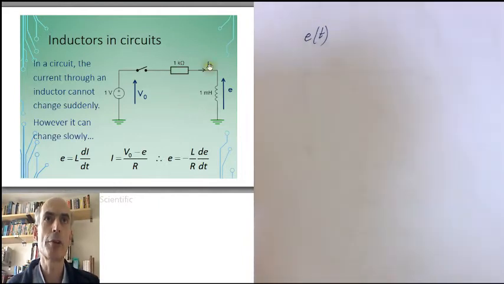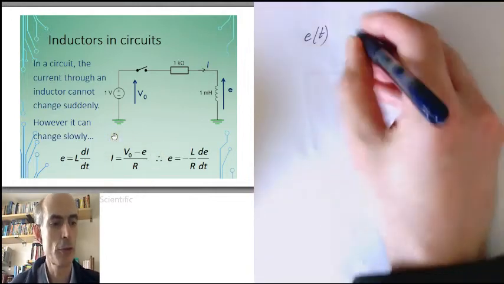We have a resistor here. Now the voltage across the resistor is going to be V0 minus E. V0 on this side, E on this side. Therefore, the current flowing through the resistor, given by Ohm's law, is given by this formula here.